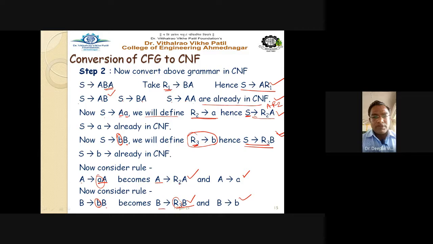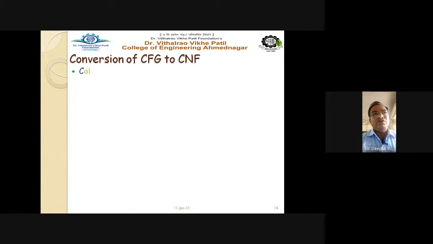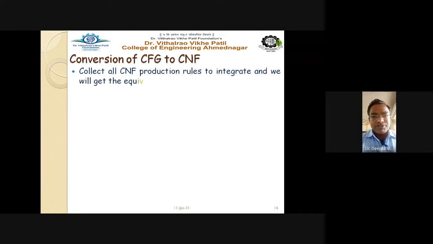So you observe here all the rules, each and every rule we have converted to the normal form by introducing new non-terminals like R1, R2, R3, right? So finally we can conclude that we collect all the CNF production rules to integrate, and we will get the equivalent Chomsky normal form as, see here, S gives AR1. So here we have to just collect all the rules we have formed just now.